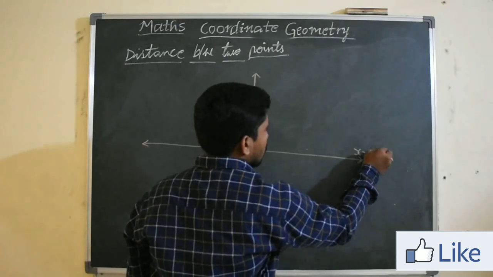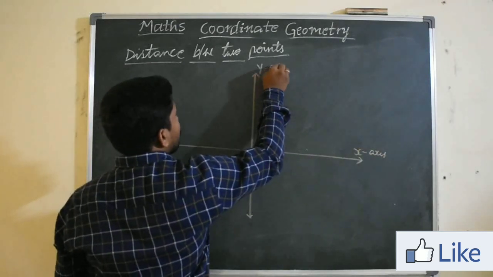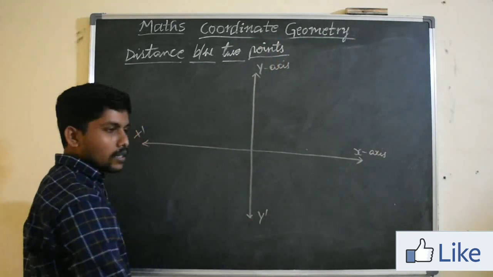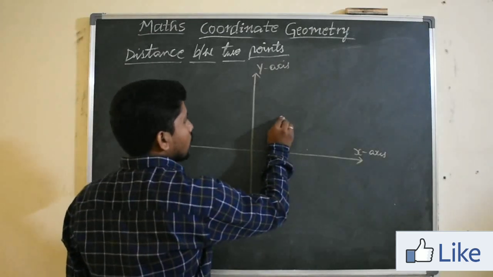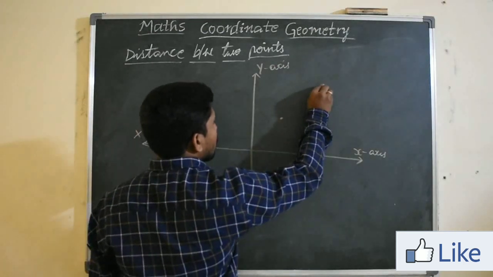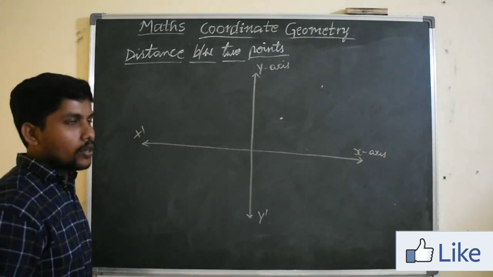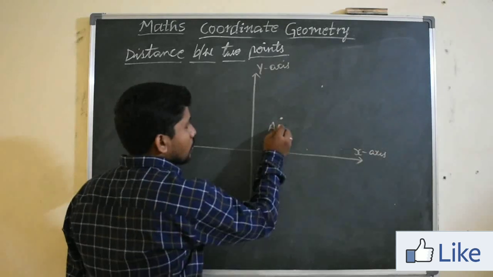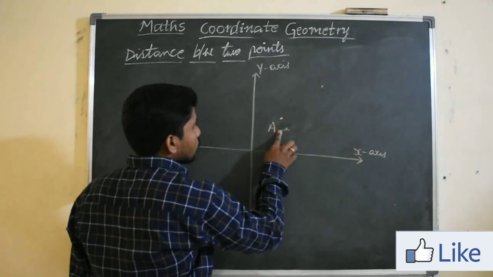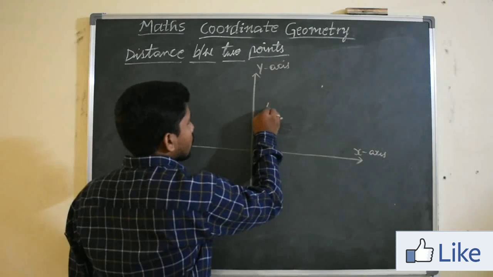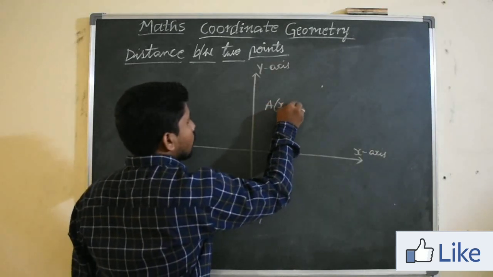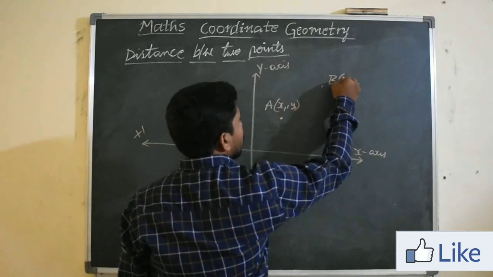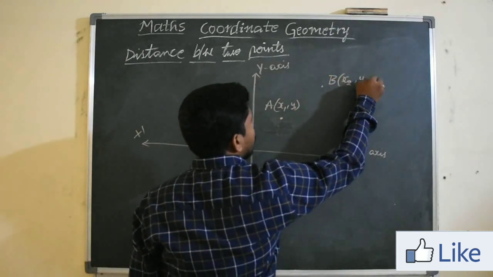X-axis, y-axis. Now consider two points on the coordinate system, since we are deriving a formula for the distance between two points. The first point is A, whose coordinates I am taking as (x1, y1), and the second point is B, whose coordinates are (x2, y2).